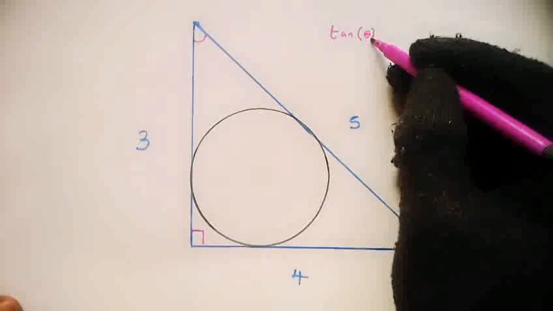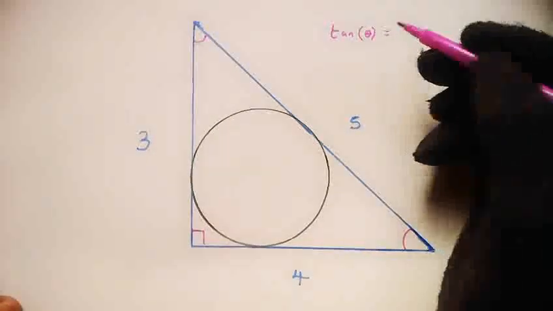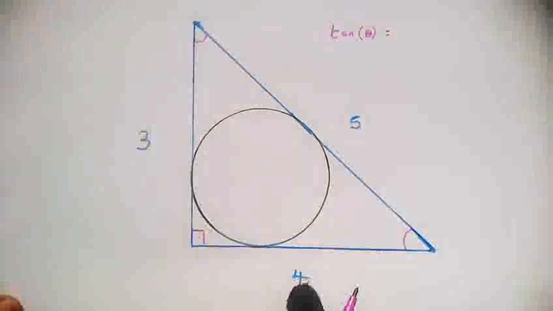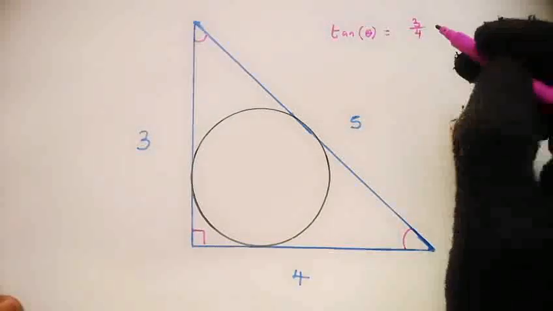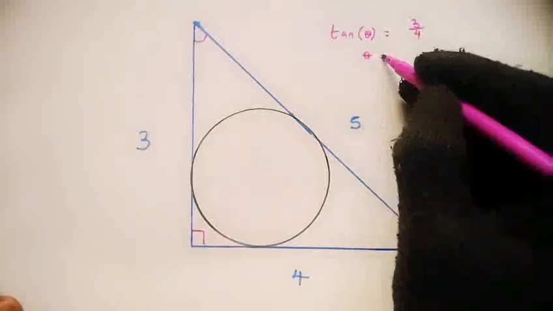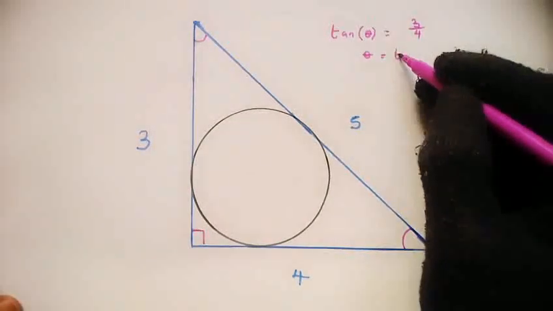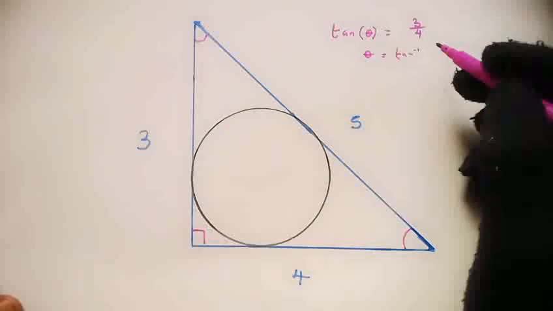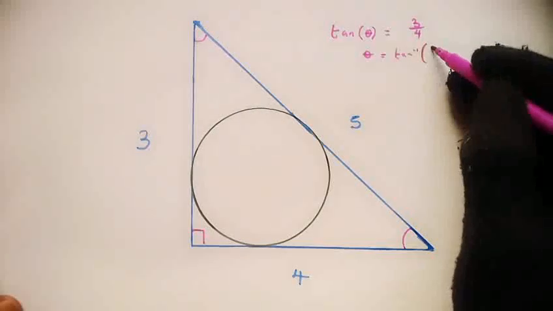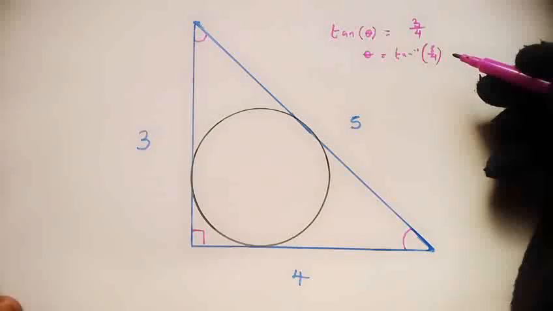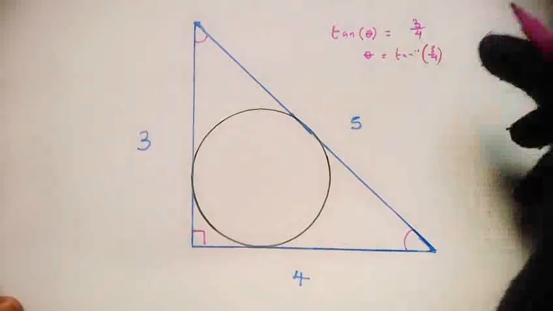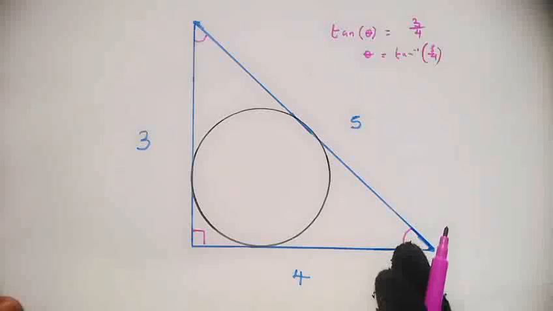Tan of theta is equal to the opposite over the adjacent, so that is 3 all over 4. Then theta is the inverse tangent of 3 all over 4. So this is this angle here.